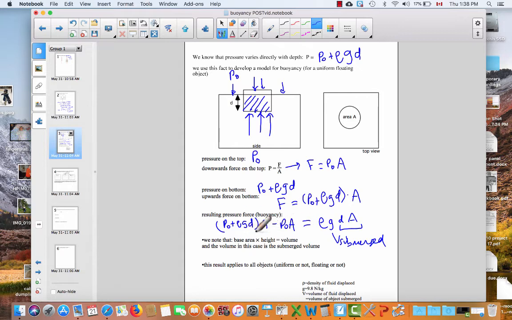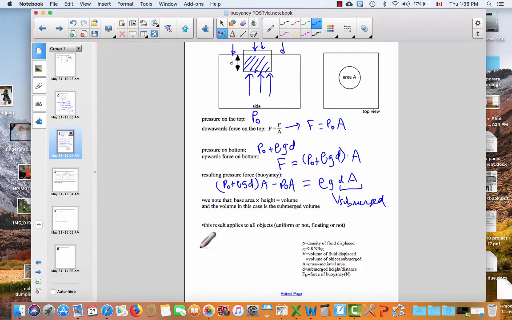So this net pressure force then, which we said is the buoyancy, we see that it depends on the density of the fluid, the Earth's gravitational field, and the amount of the object that is submerged in the fluid. And we reminded you from elementary math that that submerged volume was the cross-sectional area times the depth d that it was submerged to. Now this result we could show is consistent with the principle of Archimedes.